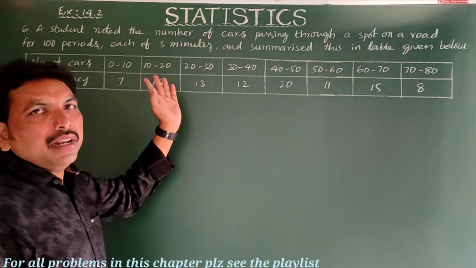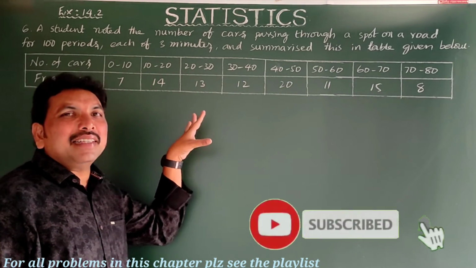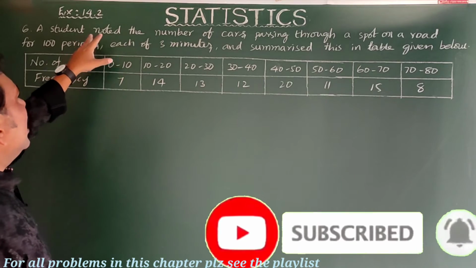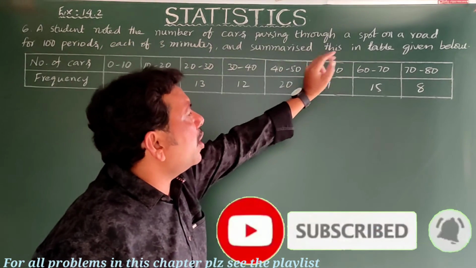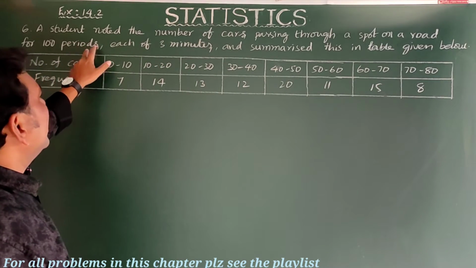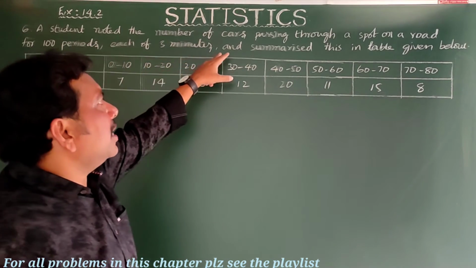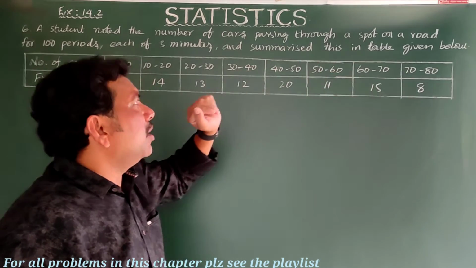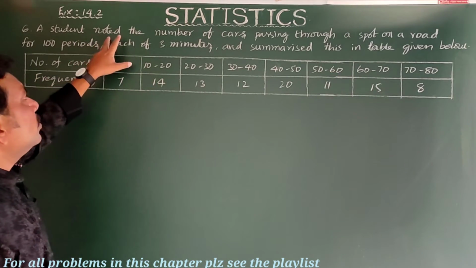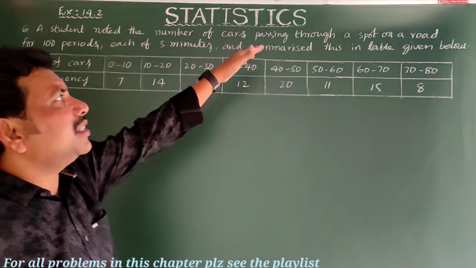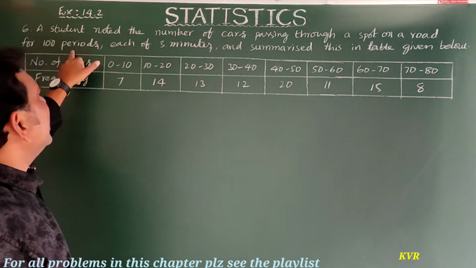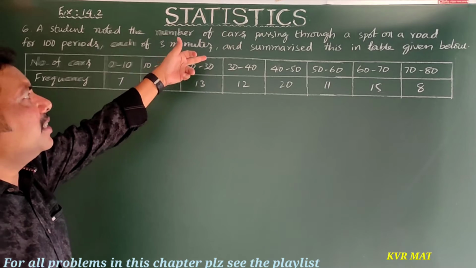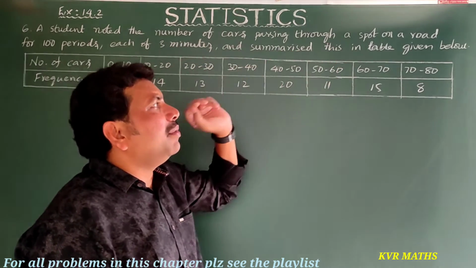This is the sixth and final question in this exercise. A student noted the number of cars passing through a spot on a road for 100 periods, each of 3 minutes, and summarized this in a table given below.